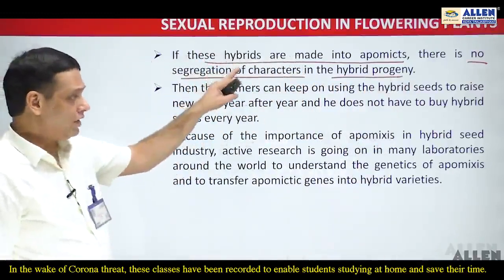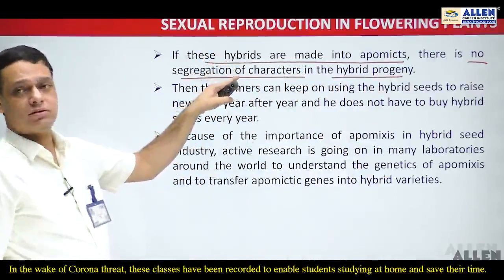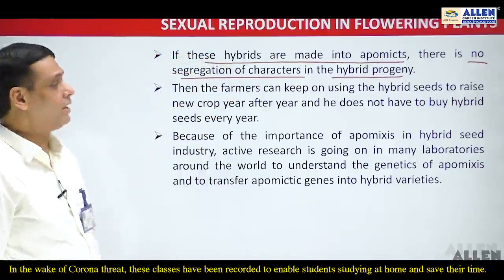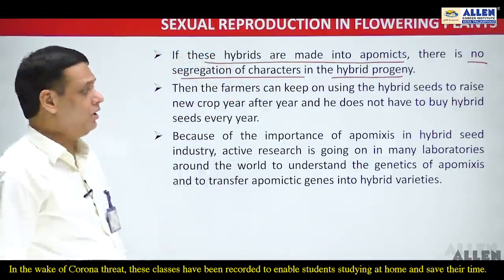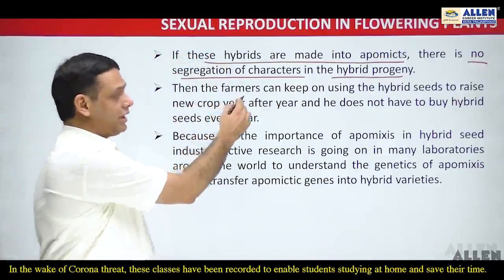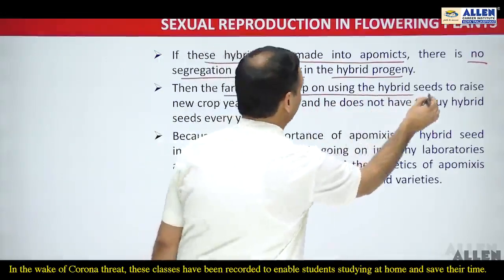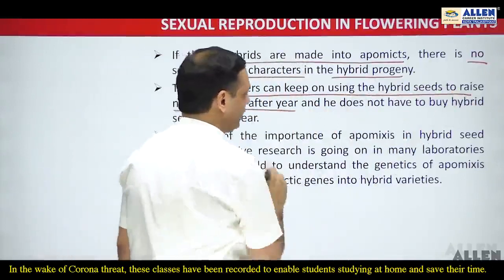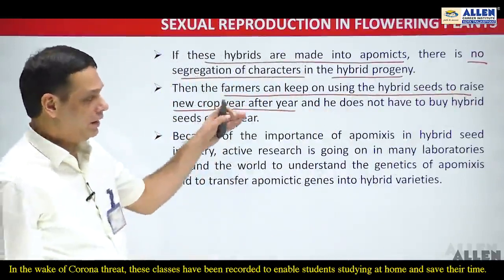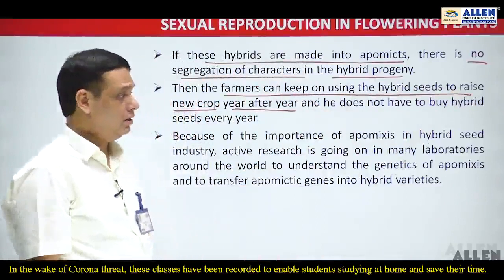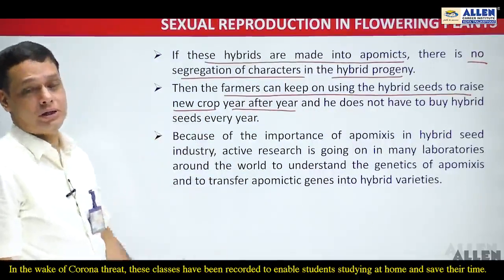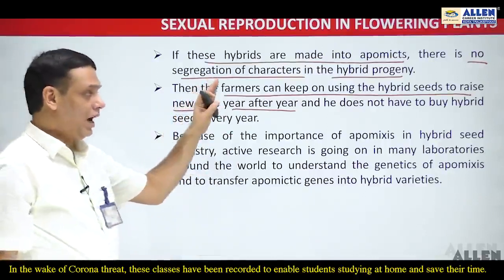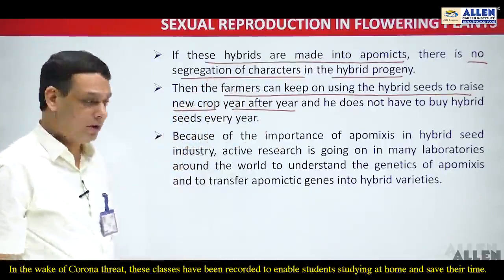So if we take the apomictic genes to produce the hybrids, there will be no segregation of the characters in the hybrid progeny. Then the farmers can keep using the hybrid seeds to raise the new crop year after year, and they do not have to buy the hybrid seeds every year. This is one important advantage of hybrid progenies developed from apomictics.